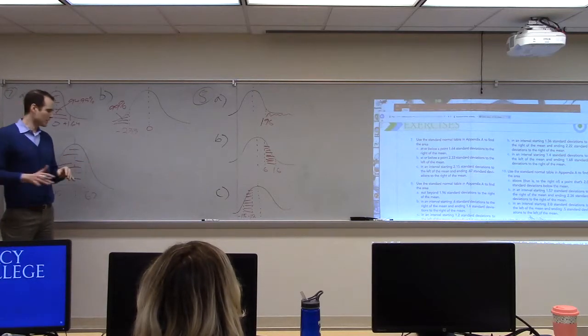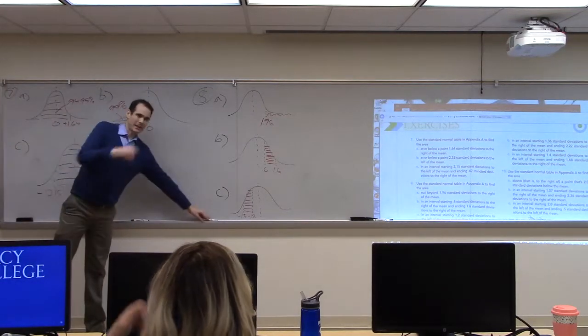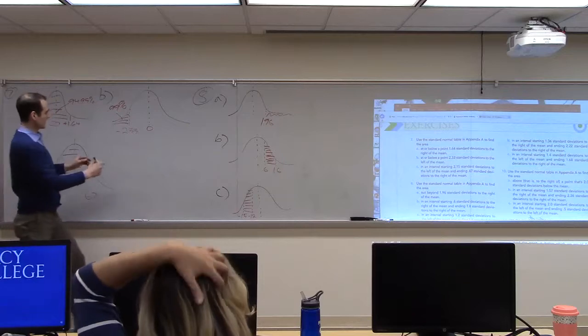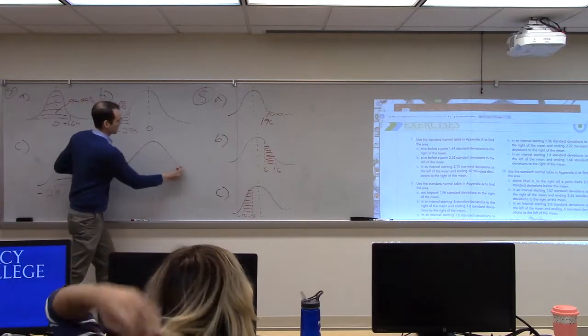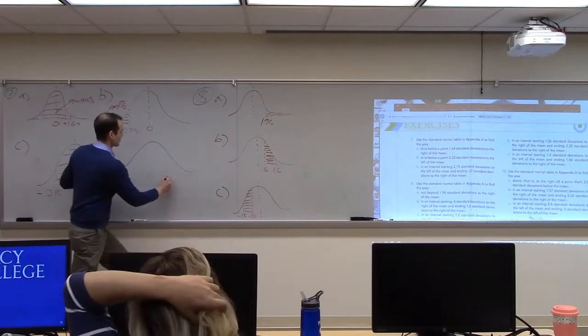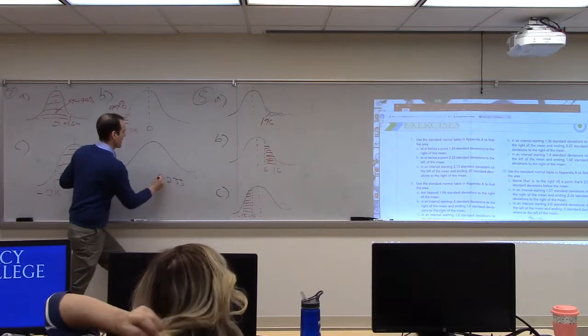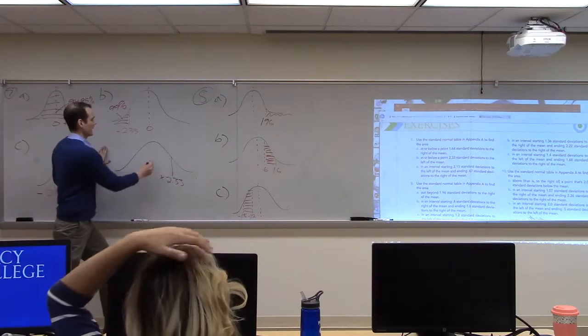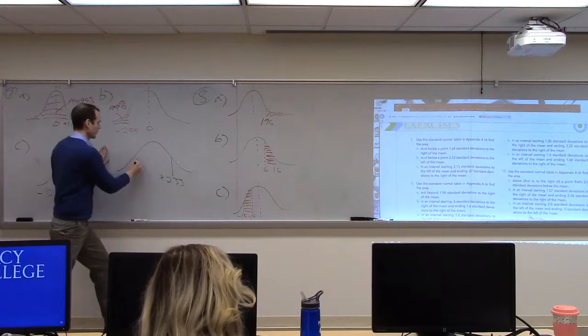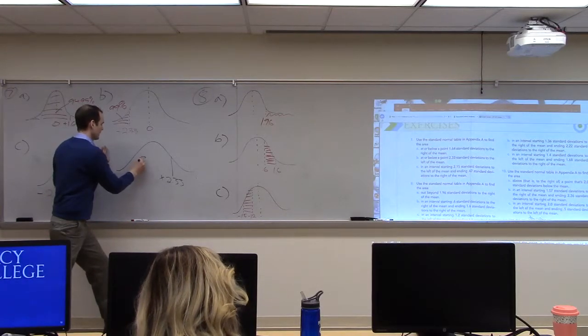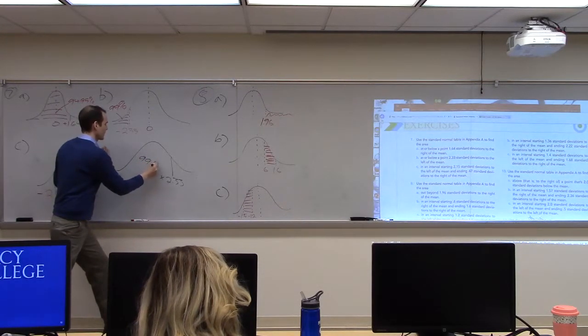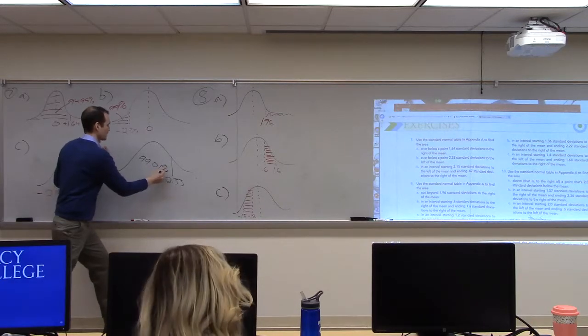Let's do that the long way though. We just did that kind of verbally. Let's draw a picture for that particular point. Let's look up 2.33 positive. The area below that is 99.01%.